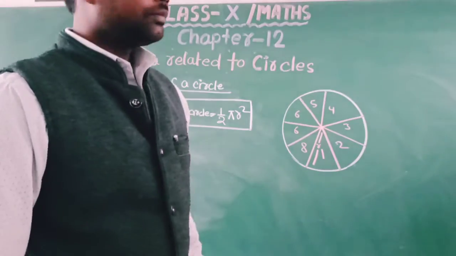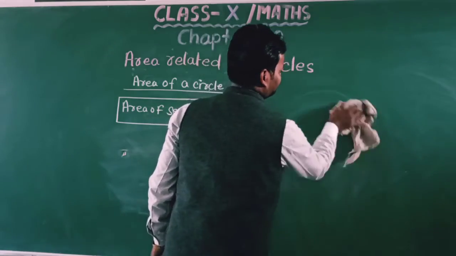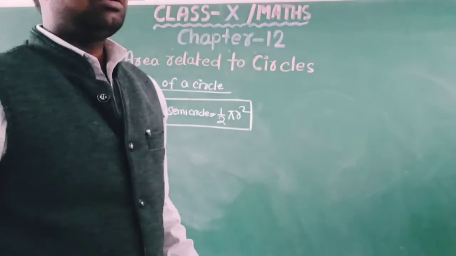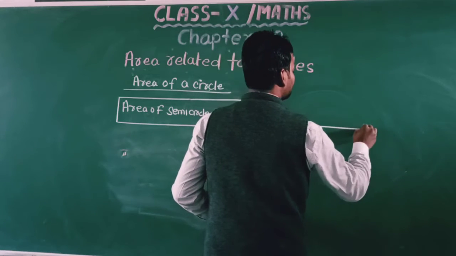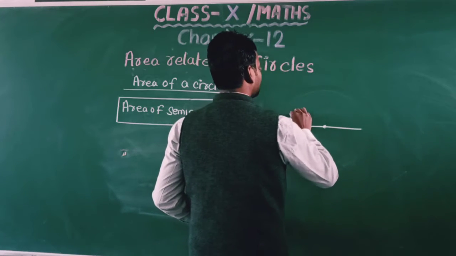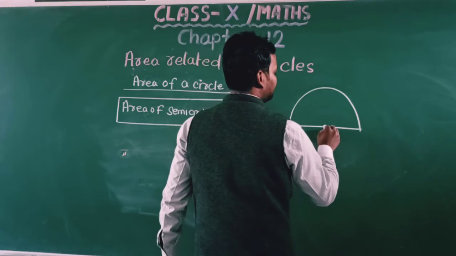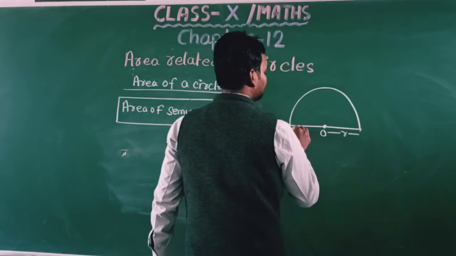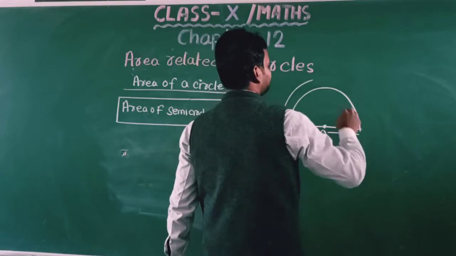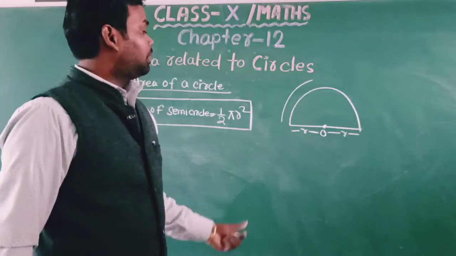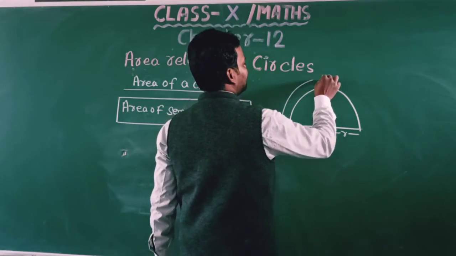When we talk about the circumference of a semicircle, this is a semicircle. We know this is the center, this is r, and this is r. Half of the perimeter of the circle: total is 2 pi r, and half is pi r.